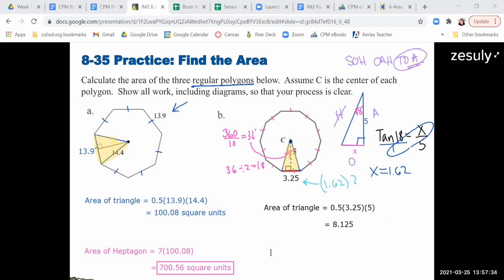So the area of the decagon is 10 of those because it has 10 sides.